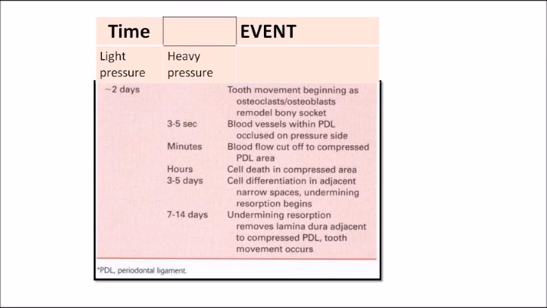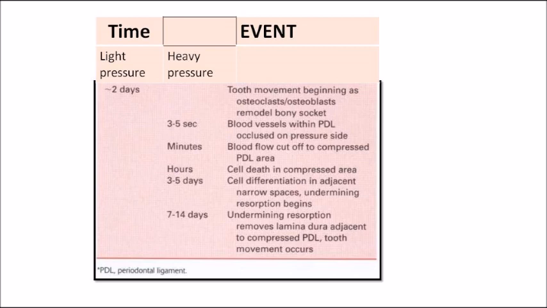When the blood vessels are completely occluded, the blood flow will be cut off, and within minutes and hours there will be cell death in the compressed area, because the blood supply is cut off to the compressed periodontal ligament area.